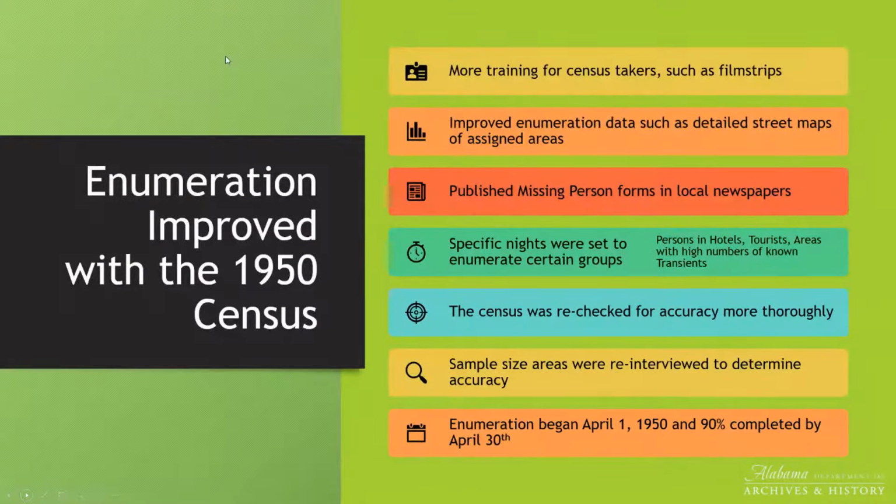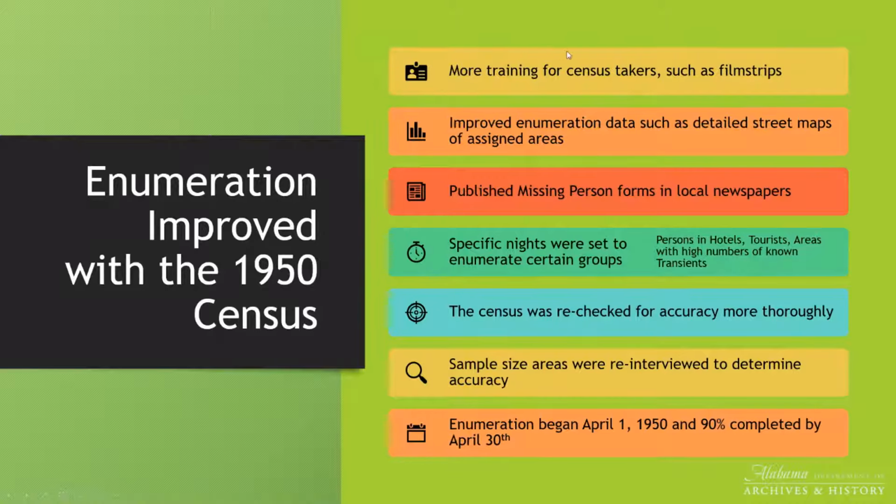All right, so let's talk about why some of the enumeration numbers were better than 10 years prior in 1940. So the government really took a big step in trying to improve the numbers and getting more people counted, and making sure that the information was accurate and that you were counting more people, which often has a big impact on our country as far as voting districts and things like that.